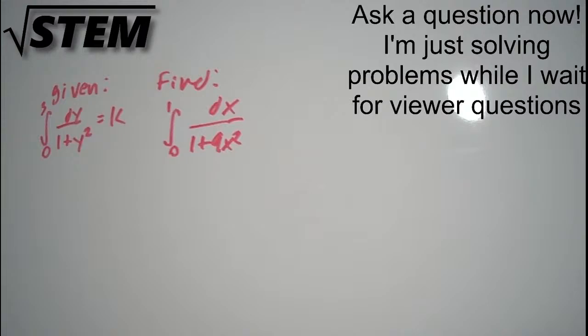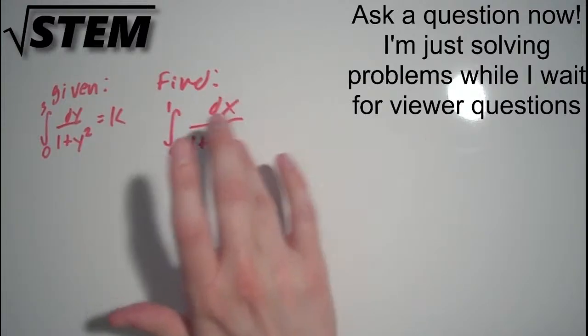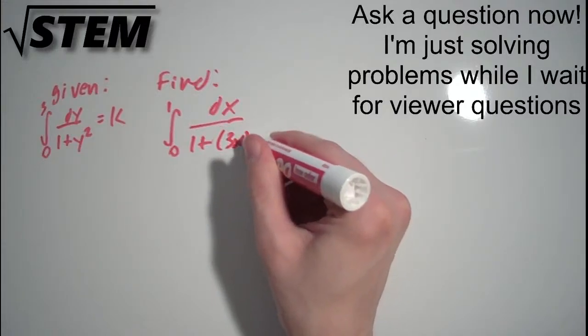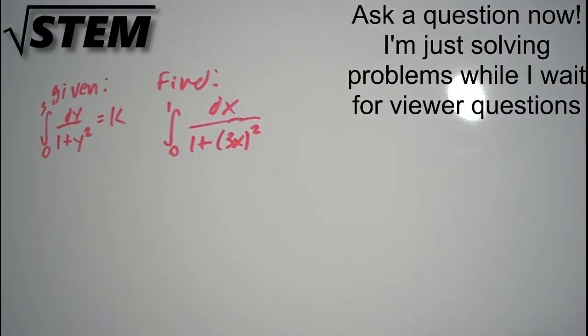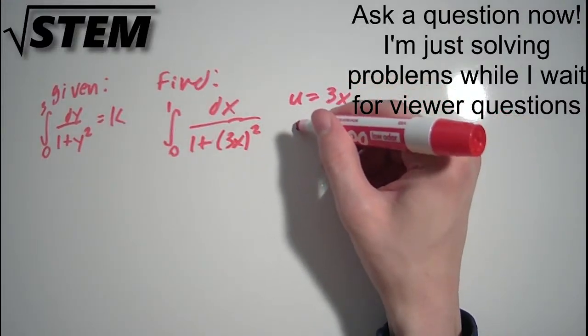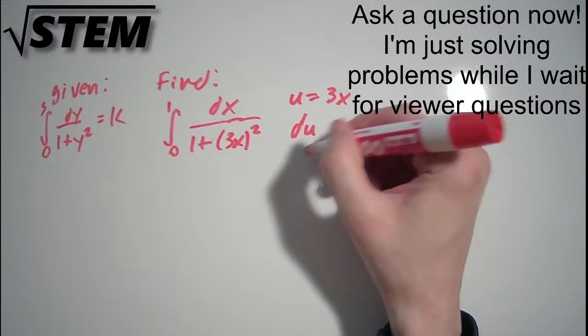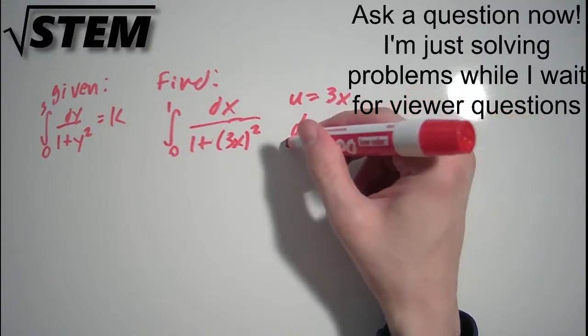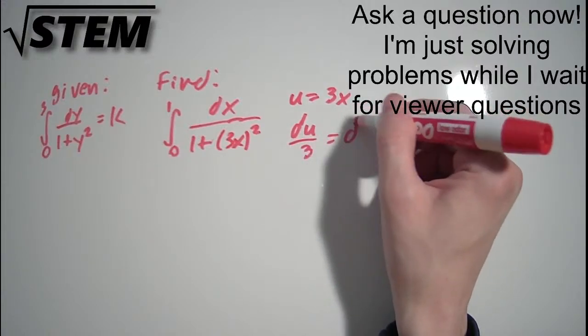Oh, but 9 is 3 squared, so we can write that as 3 times x, but squared. Yeah, that's the trick. So we could let u equal 3x, then du dx would equal 3, and du over 3 would equal dx.